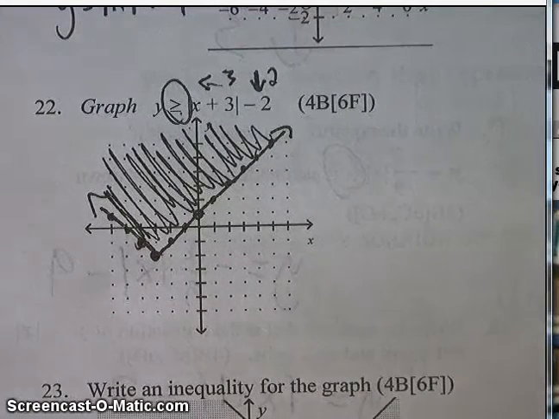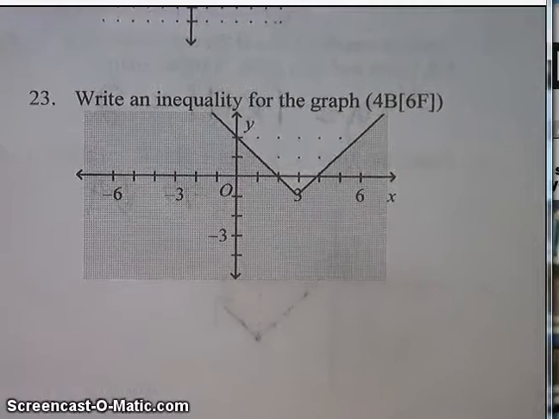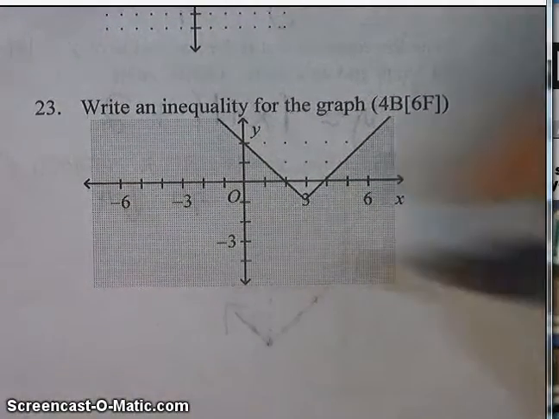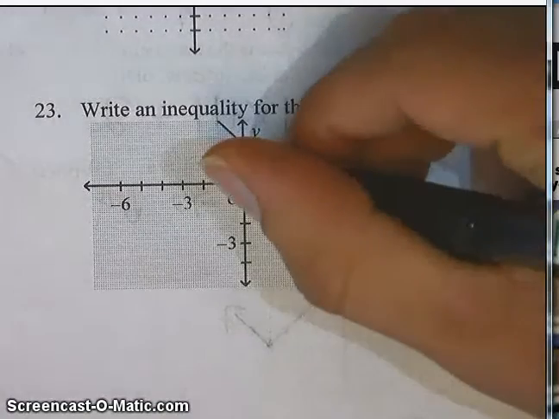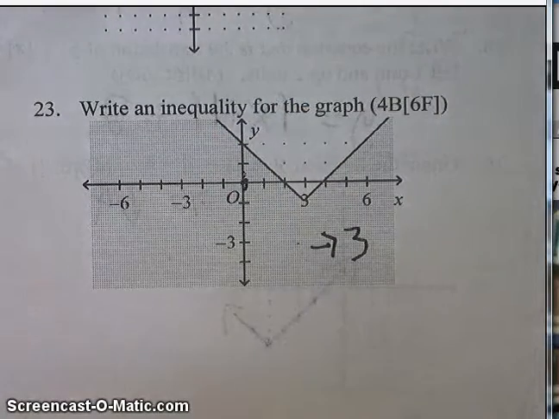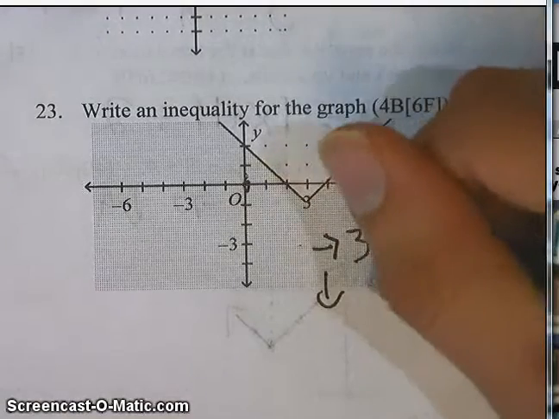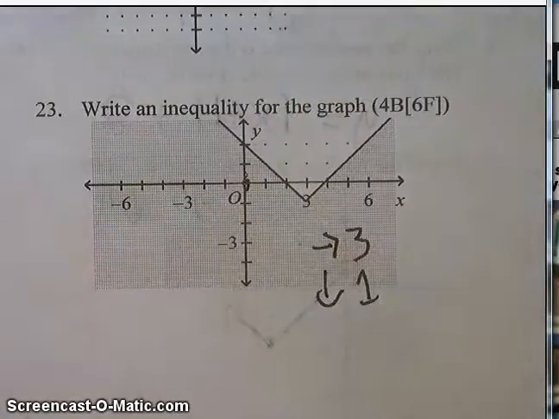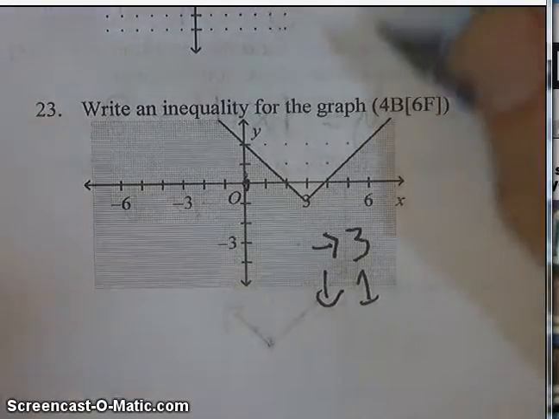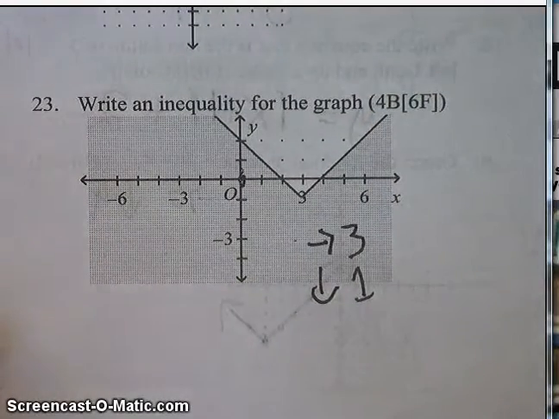Number 23. Write an inequality for the graph. Okay, well, there's a few things we need to do here. If I'm looking at it, looks like it's been pushed from 0, 0 to the right 3 and down 1. Yeah, 1. And let's look at the slope too. It's definitely not a reflection.